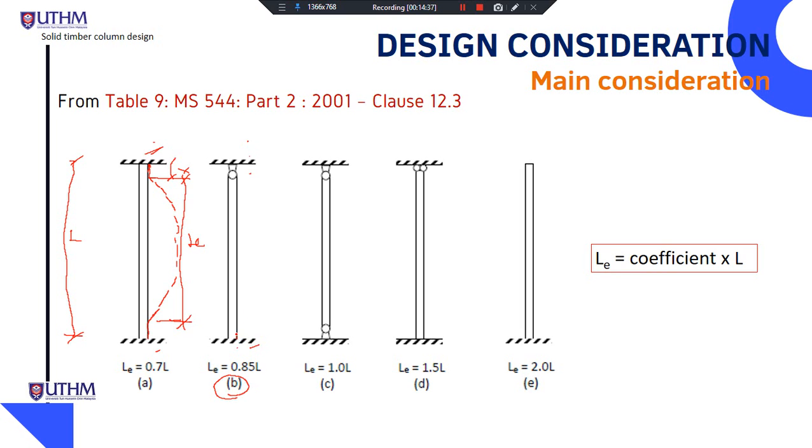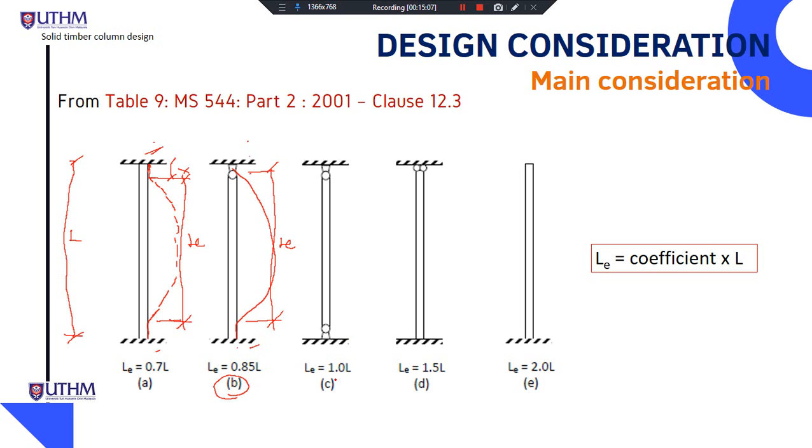Here it starts at 0, and after a certain length, it starts to buckle. So this is our L effective from here to this point. For this case, L effective is calculated using 0.85 L.